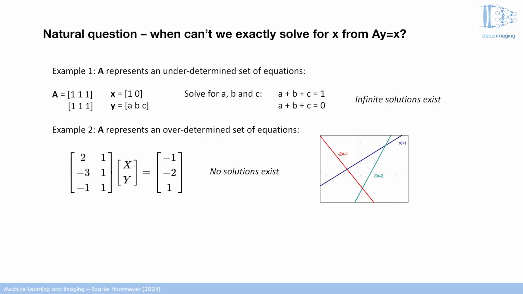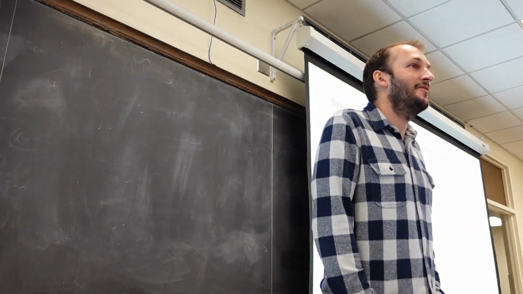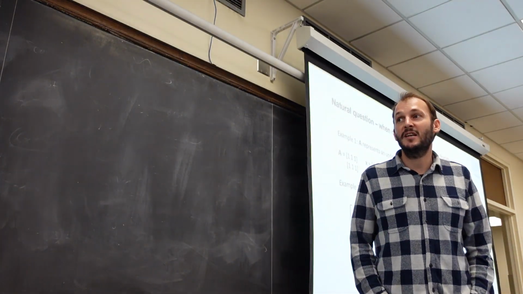The second is when you have an overdetermined set of equations. And this is the situation we're in in the previous problem. Remember I was using this term hot dog and hamburger matrix. This one is a hot dog matrix, and then here we have a hamburger matrix. And here's an example I just grabbed from Wikipedia, I think, of an overdetermined set of equations.